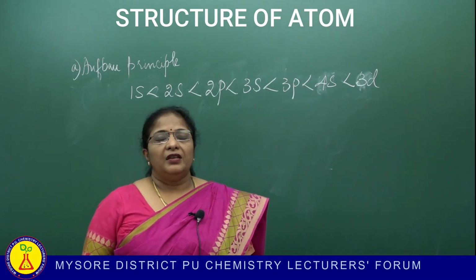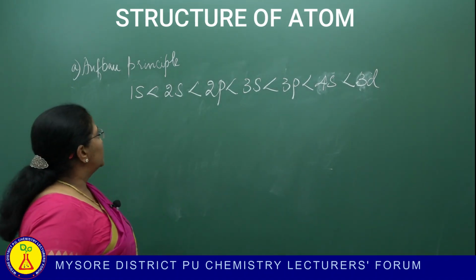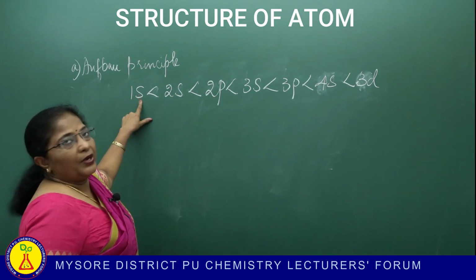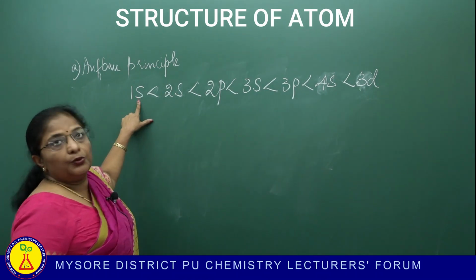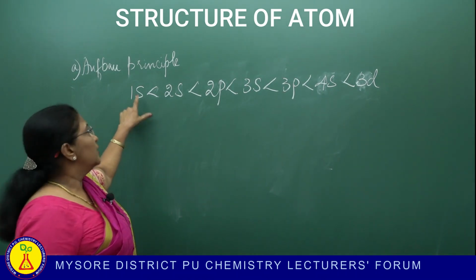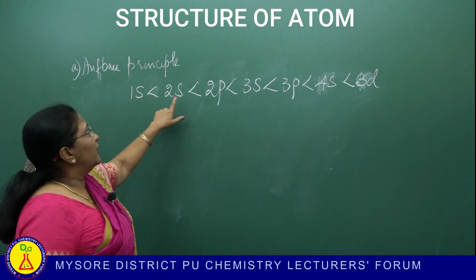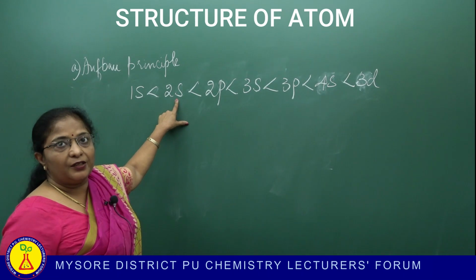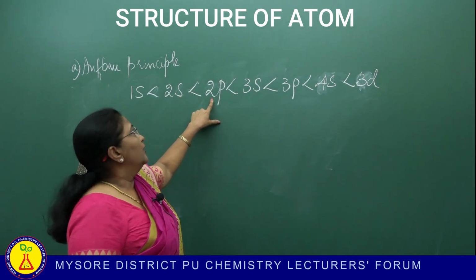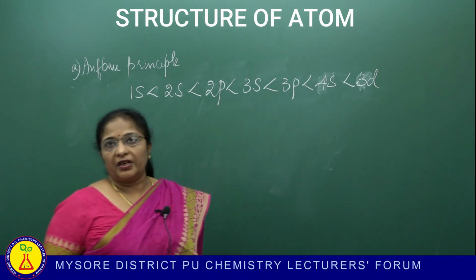So whenever you have to fill up the orbitals in an atom, the electrons will first enter the 1s orbital, and as you know, each orbital can occupy a maximum of 2 electrons. So the first 2 electrons will enter the 1s orbital, then the next 2 electrons will occupy the 2s orbital, then the 2p orbital, and then 3s, 3p, and so it continues.